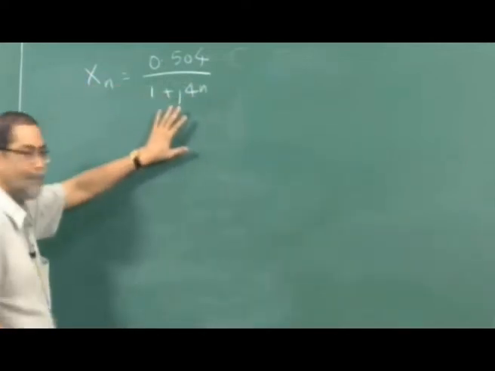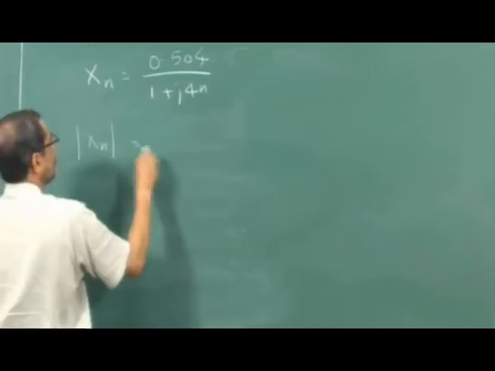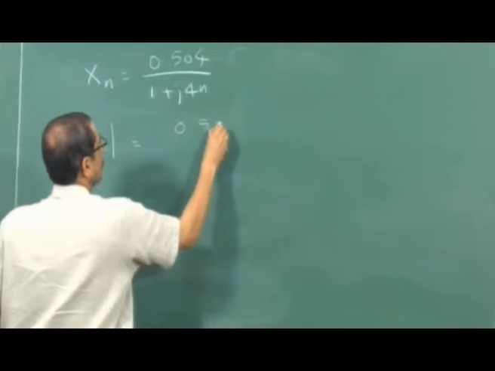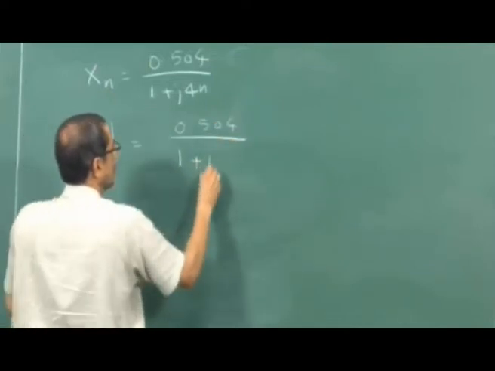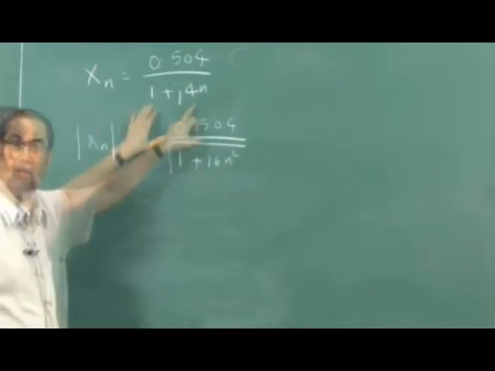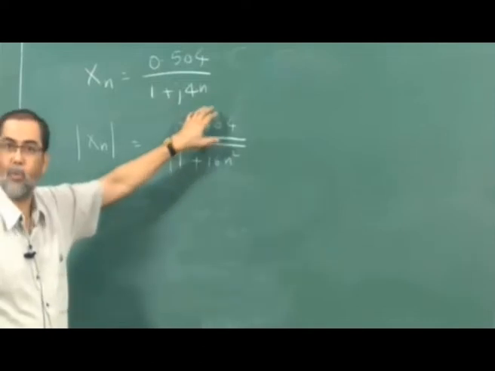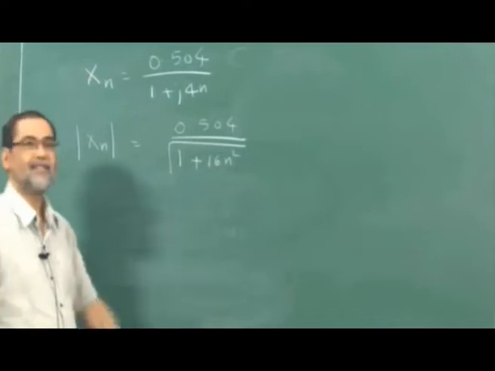So this is complex, and I have now sketched the magnitude. Magnitude of this is 0.504 by under root of 1 square plus 16n square. That's the magnitude. Is that okay? a square plus b square. So 1 square as it is, 4n square is 16n square.